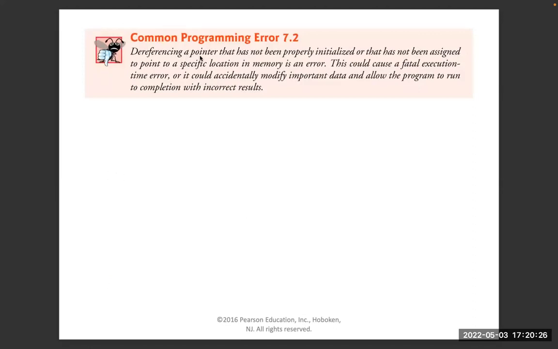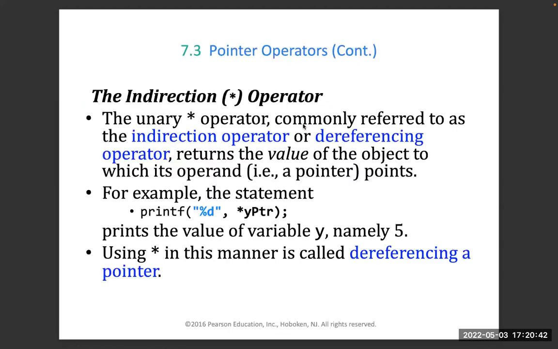Dereferencing a pointer that has not been properly initialized, or that has not been assigned to point to a specific location in memory, is an error. Of course, when you use this, the pointer should point to a variable, otherwise we cannot get that variable's value, right?